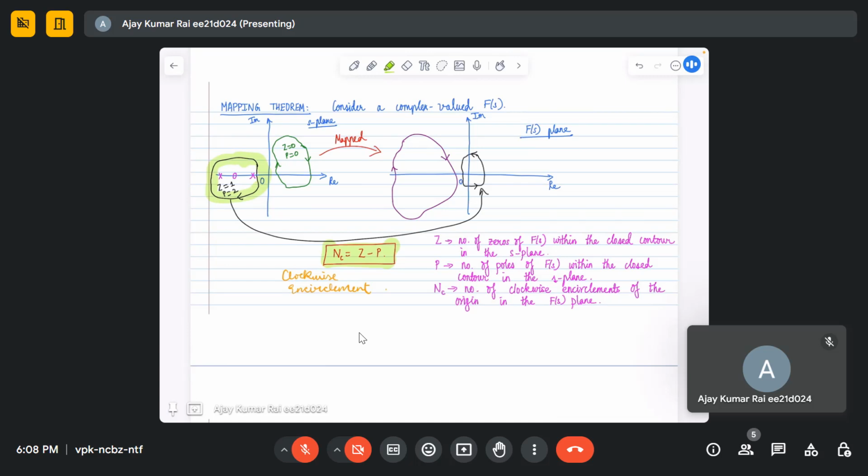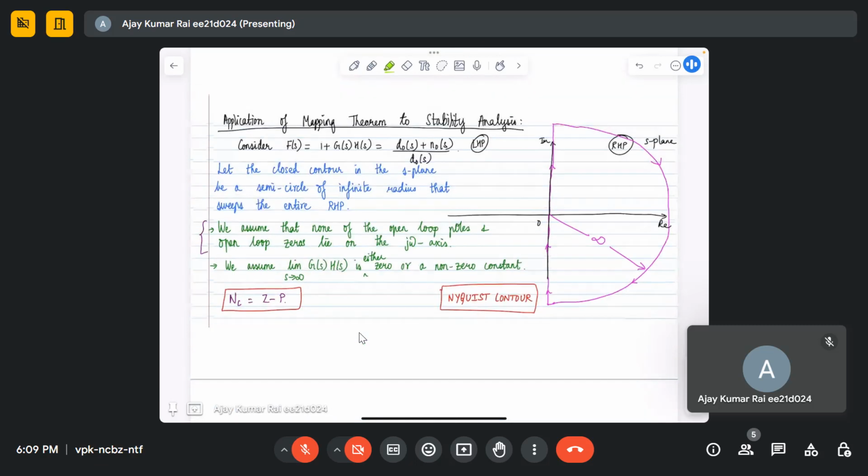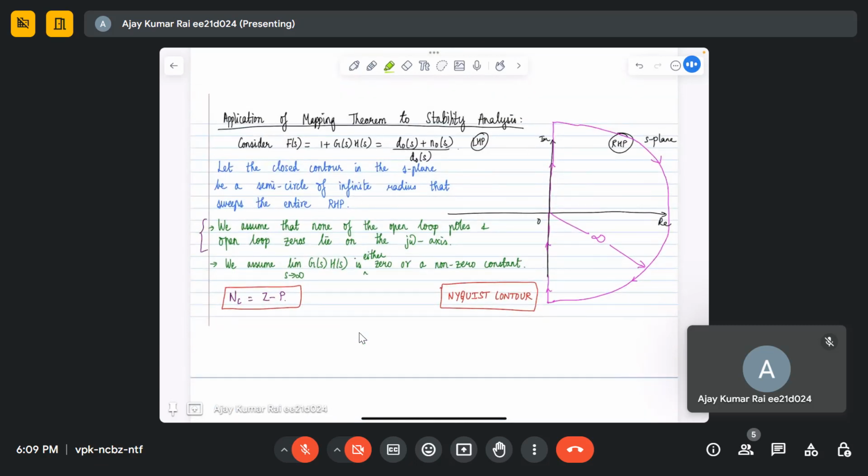We are taking NC as the number of clockwise encirclements. Since NC is equal to minus 1, the encirclement will be anti-clockwise. You can see it here. This information we'll be using, and this is how we'll be using it: the contour in our case in the S plane will be the entire right half plane.